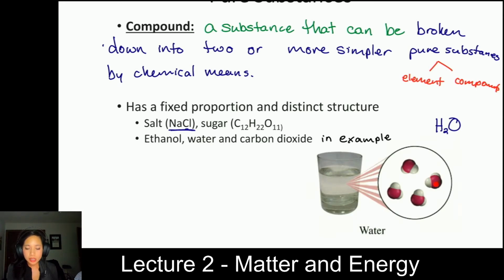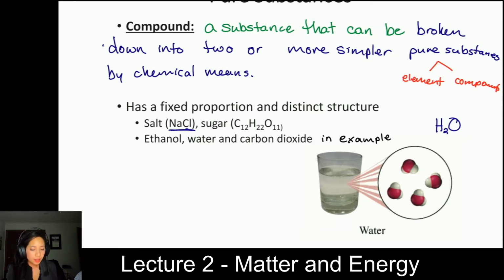This is the structure of water. This big red ball is oxygen, and then there are 2 hydrogens right here on the structure. So wherever you find water, if you had a microscope that could look at the atoms of the molecule, you would always see that water has this type of structure, regardless of where you find it.